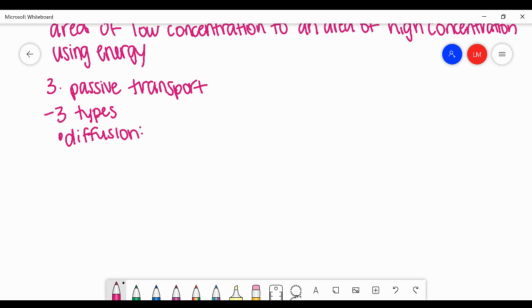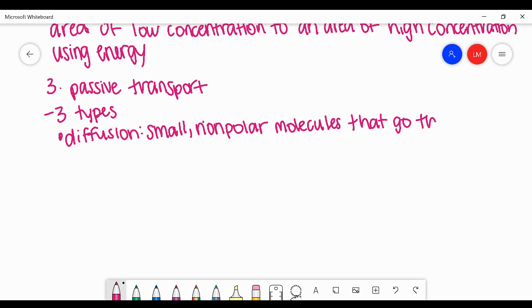Diffusion is, of course, the movement of materials from high concentration to low concentration, but these will be small and non-polar, meaning they don't have a charge, molecules that go through the cell membrane. So they just wiggle right on through those phospholipids.